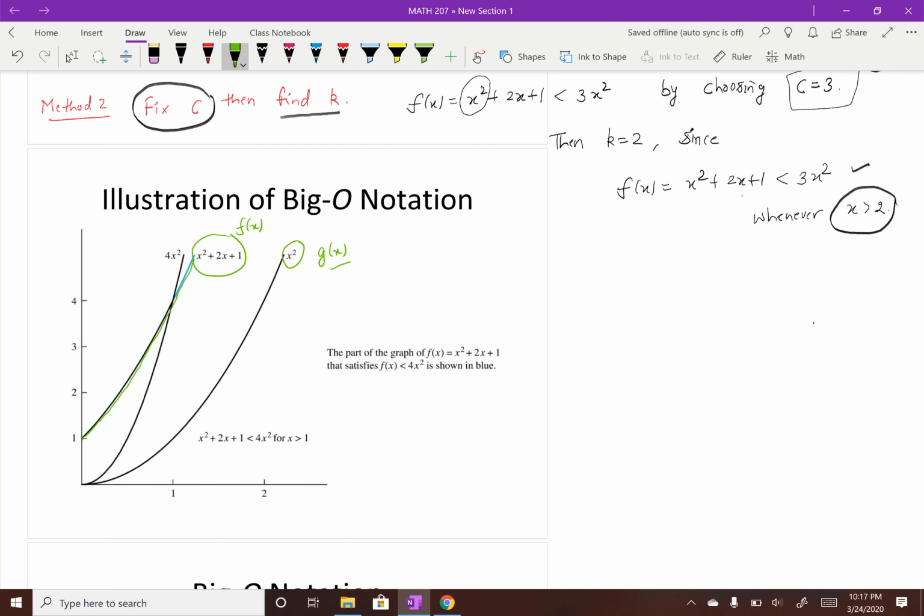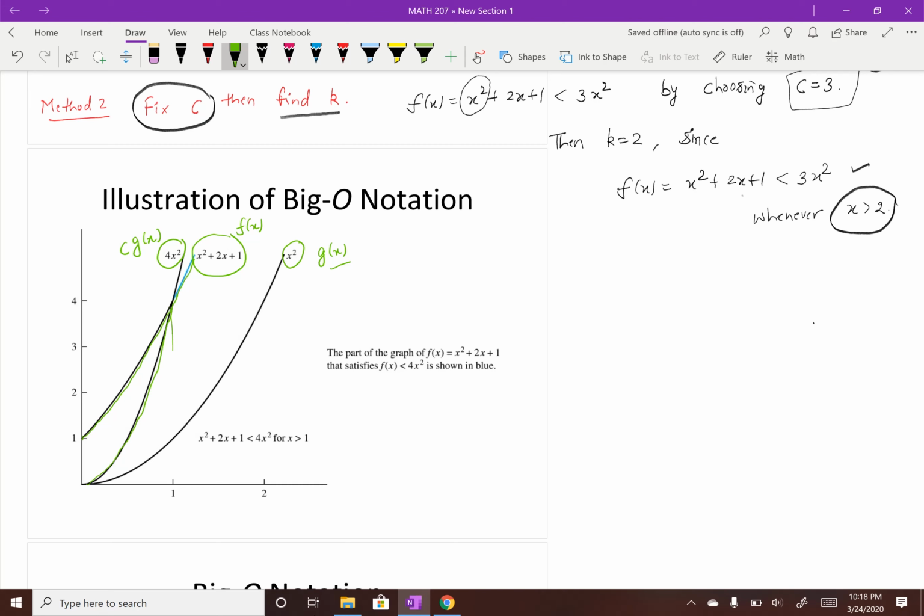But once I choose my witness c equal to 4 and multiply this function g of x by witness c equal to 4, this is my c times g of x, then you will see the behavior of c times g of x. Initially it was bounding this given function f of x from below up to this region.